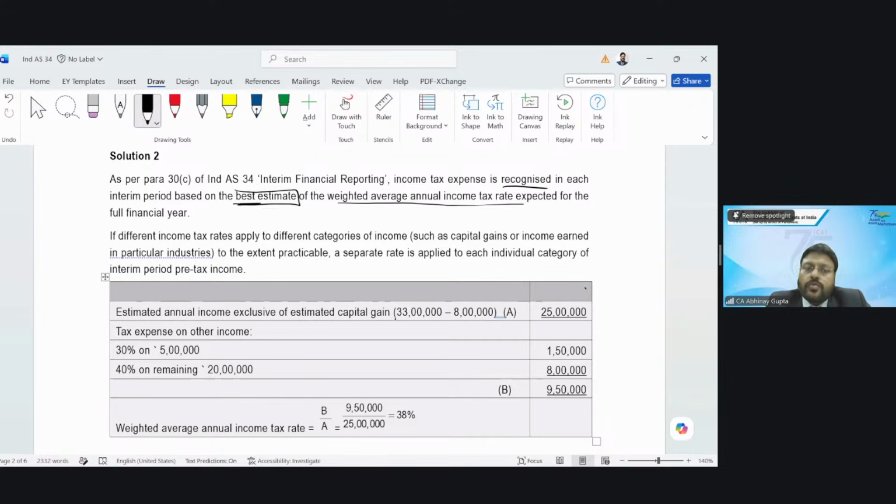That is the income tax expense divided by the total income, which would be regarded as your weighted average annual income tax rate.